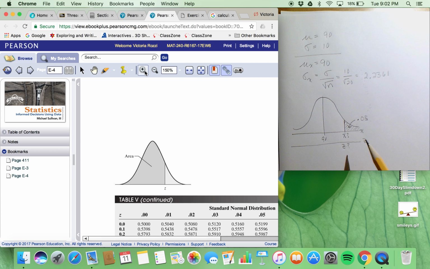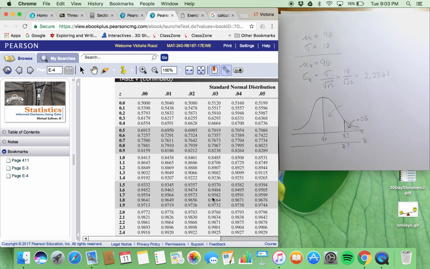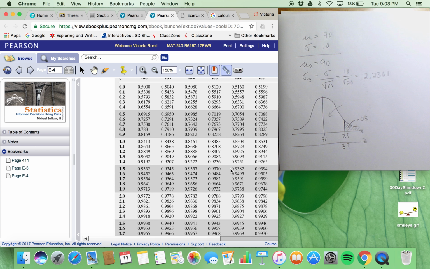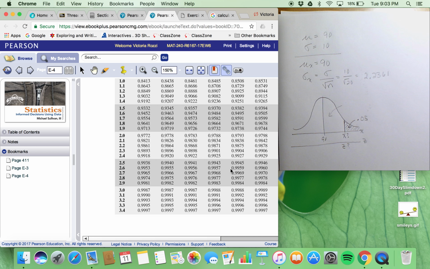So if the area to the right is 0.05, then my area to the left is going to be 0.95. So if the area over there is 0.95, what we're looking for is to find as close to 0.95 as we can inside the table. How can I get close to 0.95?